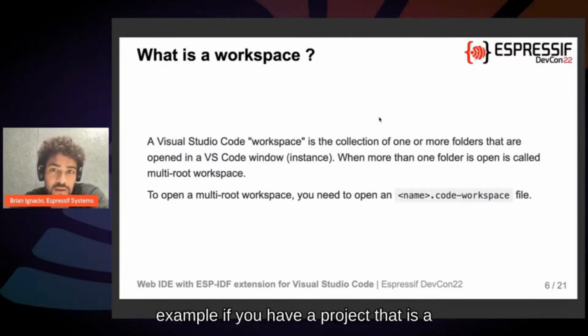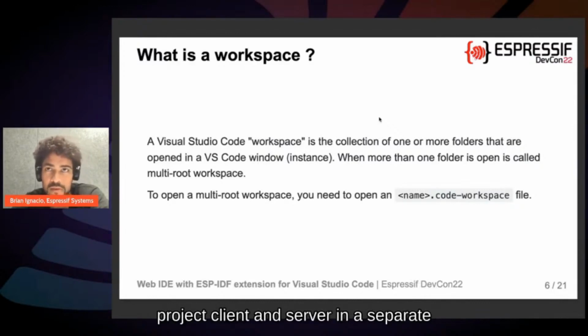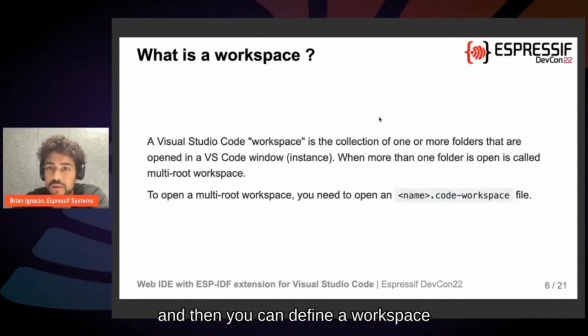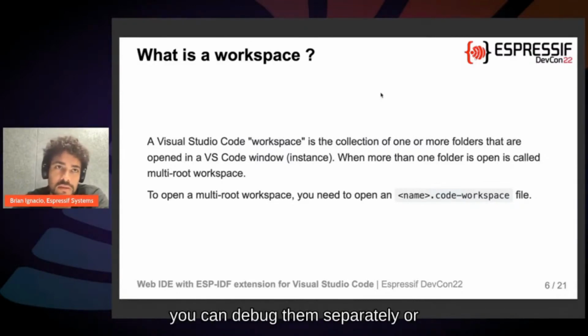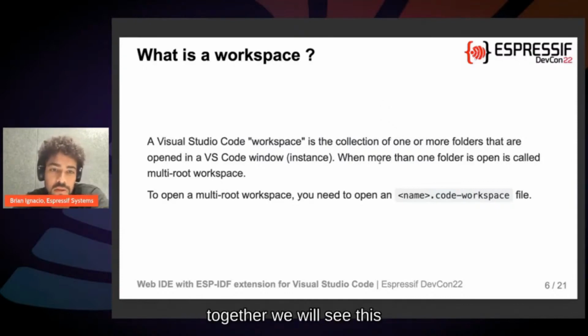For example, if you have a project that is a server and a client, you can define each project, client and server, in a separate workspace folder, and then you can define a workspace that allows you to do several actions in conjunction together. So you can build for one project and the other, or you can debug them separately or together. We will see this.